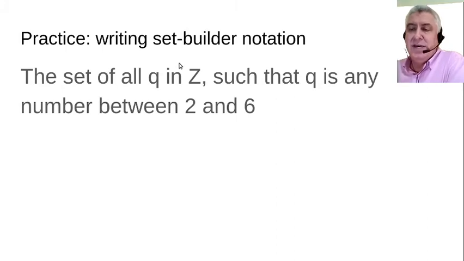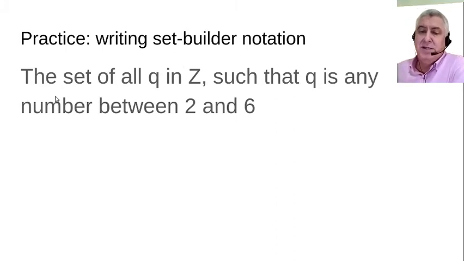Let's practice writing something in set builder notation. This is going to be a freebie. You've got three practices, so just write a note and then check yourself. Then there's one question at the end, just like I've been doing before, which counts for points.